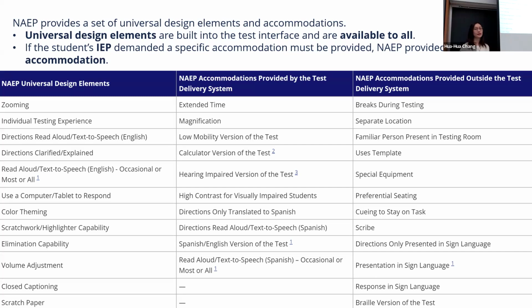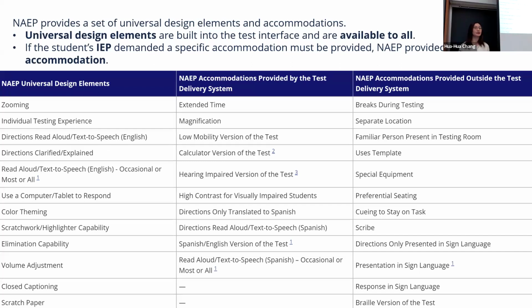This can include things like zooming, text-to-speech, except on reading questions, because students are supposed to read it themselves there, as well as things like elimination, scratch work, and adjusting the volume, the size, or the color contrast on the testing interface. So all of the students taking the test can use this universal design.